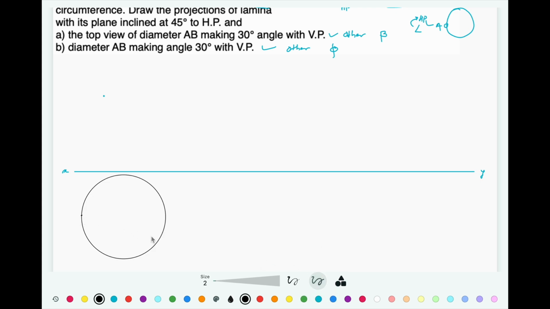Once you draw the circle, split that circle into certain equal divisions. So either split it into 8 equal divisions or split it into 12 equal divisions. So let's say this is 1, 2, 3, 4, 5, 6, 7, 8. Okay.